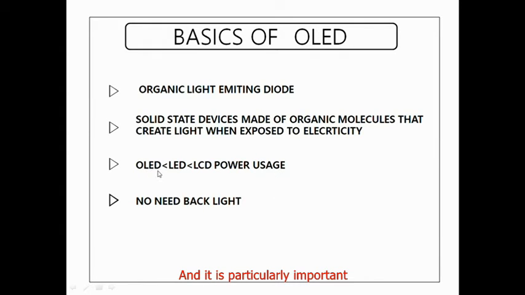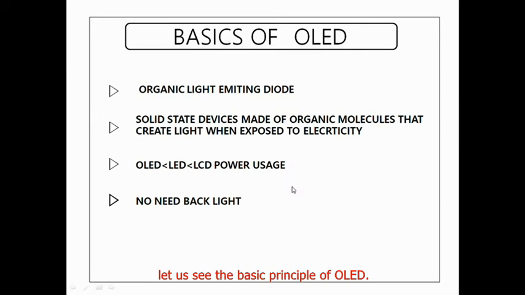It is particularly important because OLED technology uses less power than LED and LCD, and it does not need any backlight to display a picture on TV. So this is the basics of OLED.